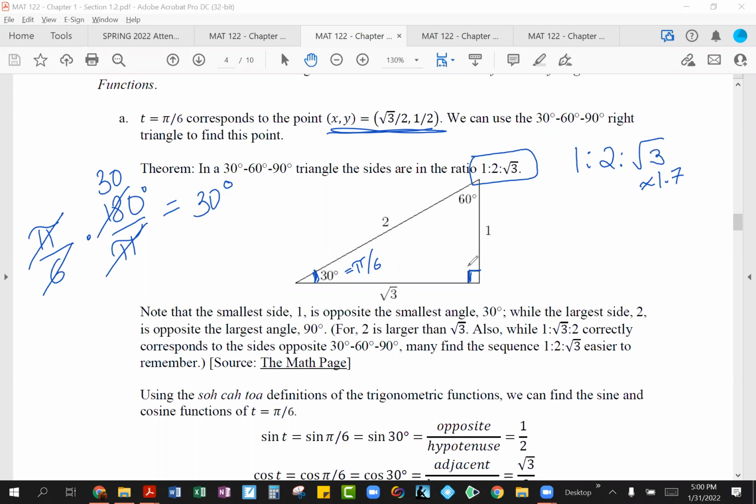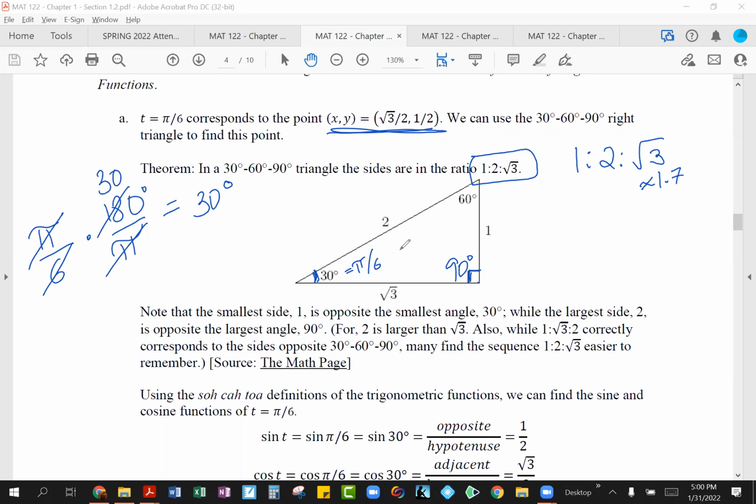So the 2 is going to go across from the 90 degree angle, which makes sense because the 90 degree angle is the largest angle, 60 falls in the middle, and 30 is the smallest angle. So the largest side has to be across from the largest angle, which also means the smallest side has to be across from the smallest angle.